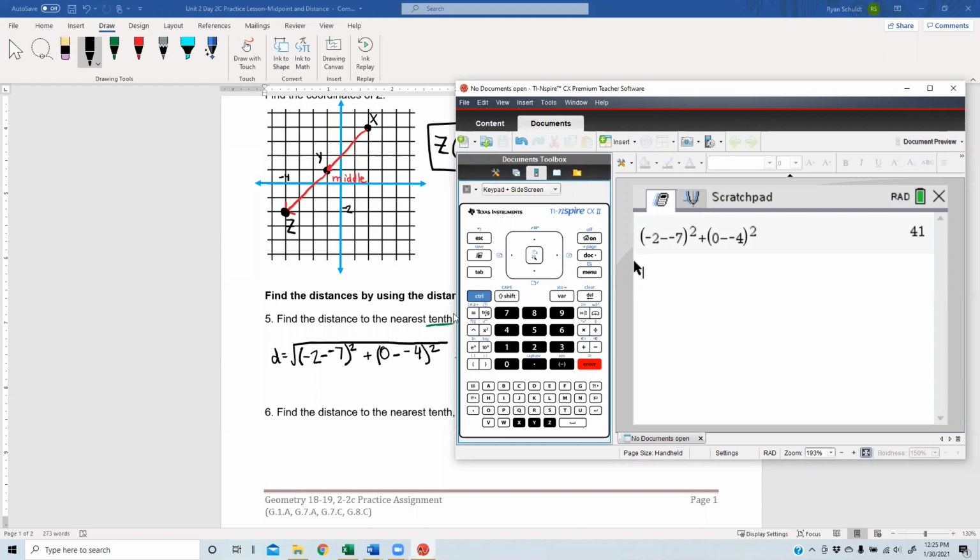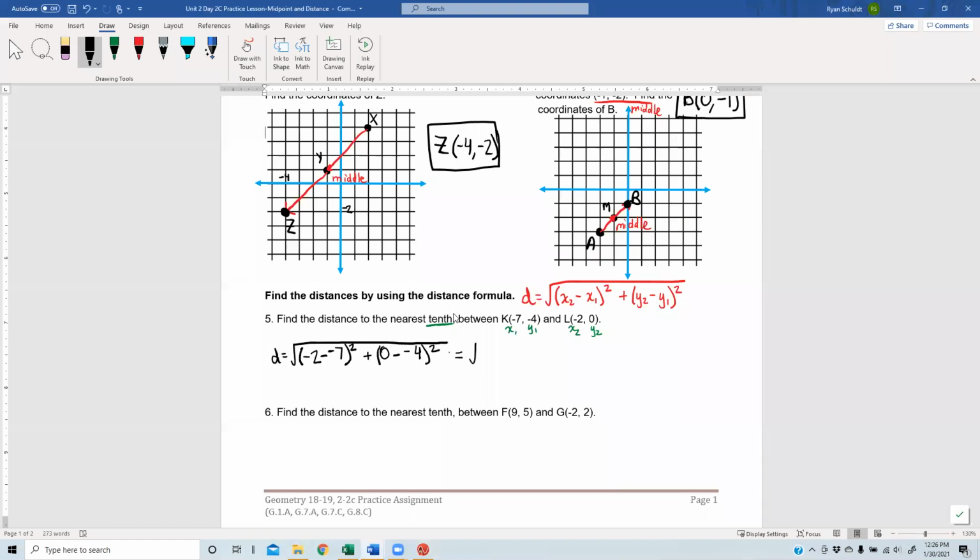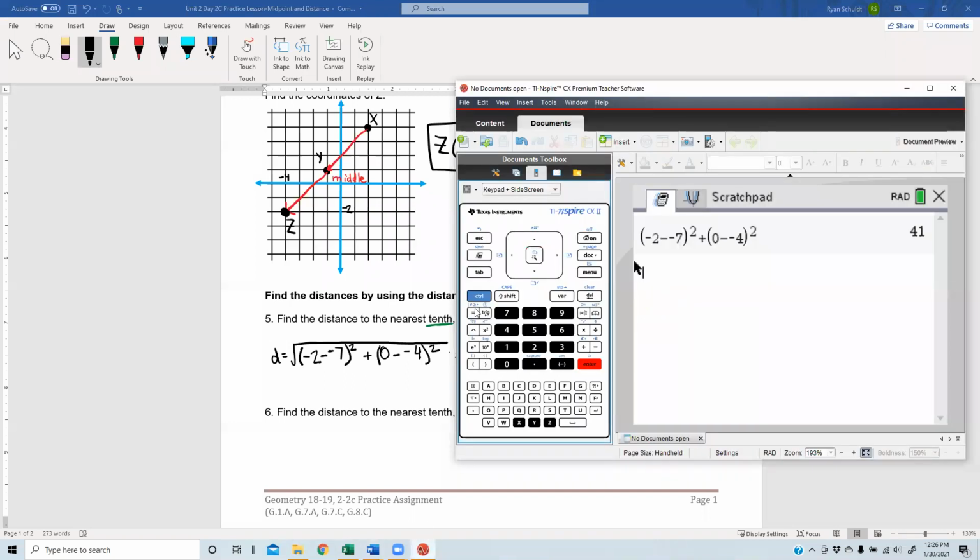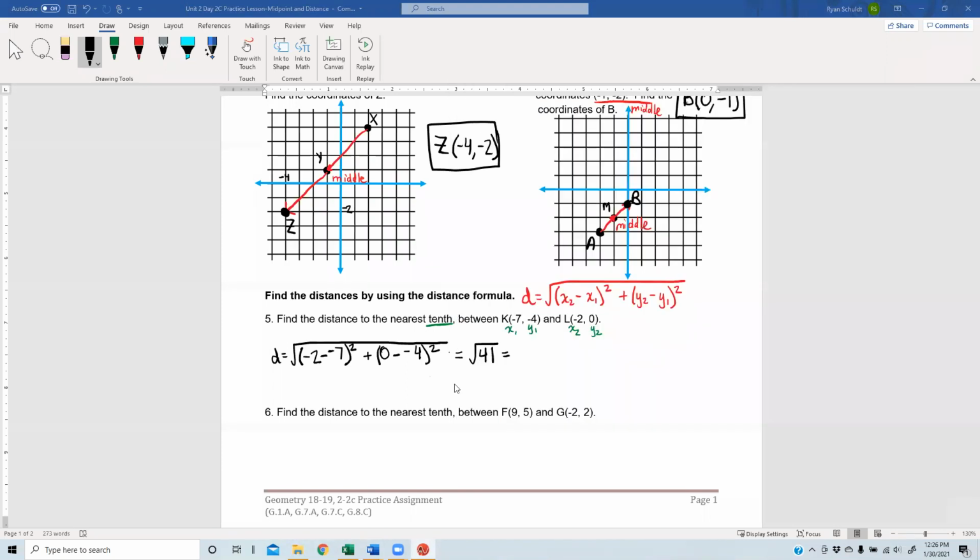So that's where we can come back here and say, okay, this is the square root of 41. Now type your square root in there. Square root, you do control and then the x squared. And then we can type 41 in. 6.40312.